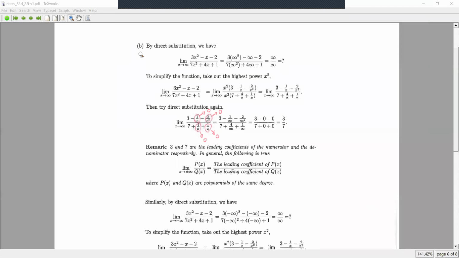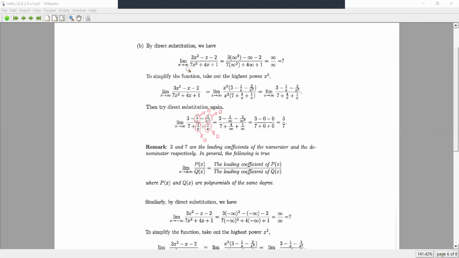Part B. Find the limits by an analytical method, namely by direct substitution. For this limit, the limit at positive infinity, I plug in infinity in x to get this equation. But how to evaluate this quotient?